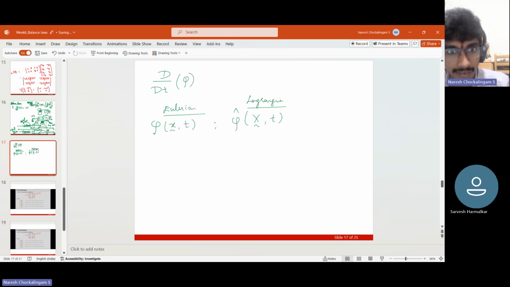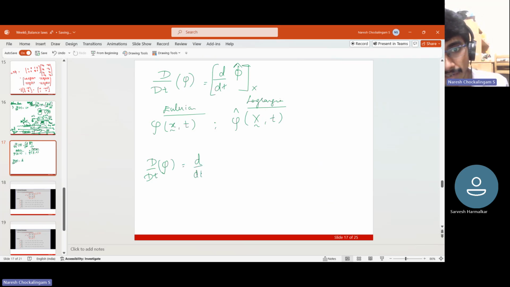Right? So this is nothing but the derivative of the field, the Lagrangian field quantity, keeping X fixed. Now, how do we do this? So d by dt of phi is nothing but the material time derivative of phi keeping the coordinate fixed, which is nothing but, using the chain rule, you can write this as the partial derivative.